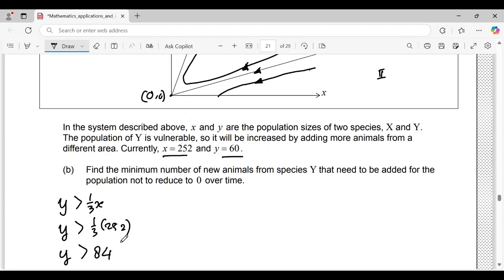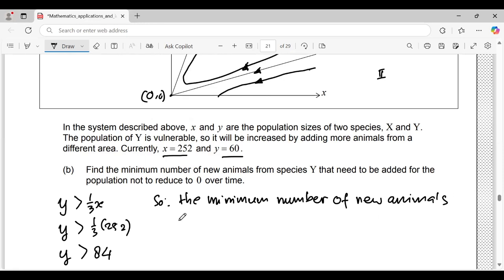So the minimum number of new animals needed is delta y, where y is greater than 84.